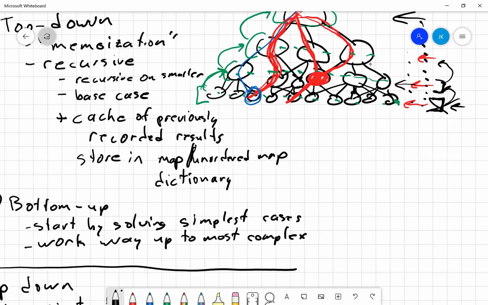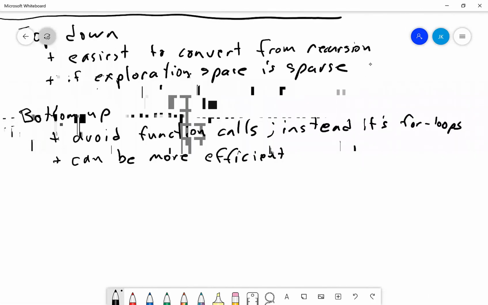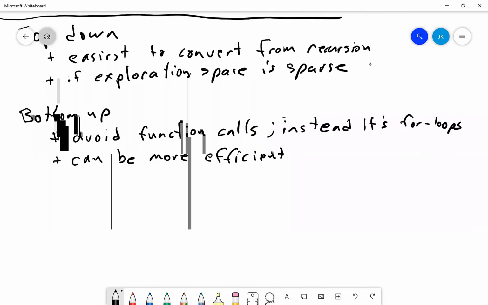So potentially you only have to keep a little bit of the data at a time. You don't have to keep everything from beginning to end. And that can be a lot more memory efficient. So bottom-up can be more memory efficient, and it avoids some function calls. Top-down works better if you have a sparse exploration space, and it's easiest to convert from recursion.